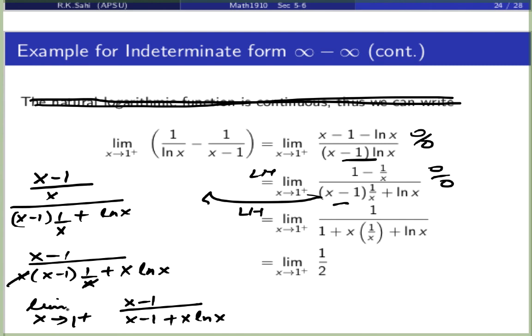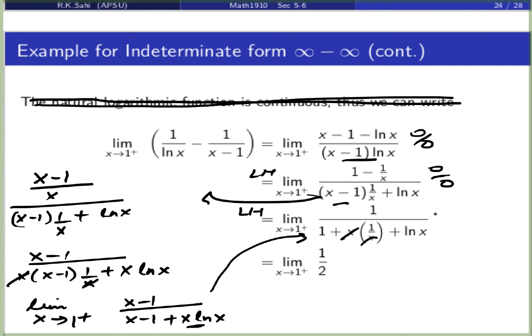Now you apply L'Hopital's rule, and this is what you get. The differential of x minus 1 is 1. The differential here is 1. Now, this is the product. So, plus x times 1 over x plus natural log of x. So, what do we get here?